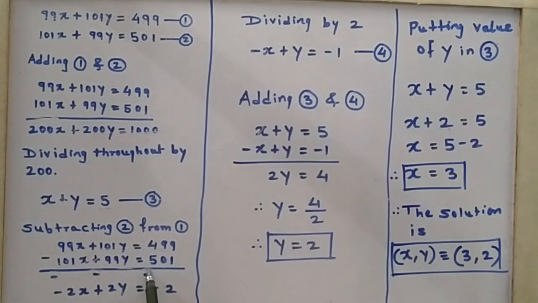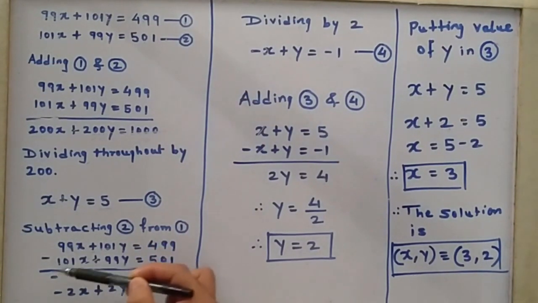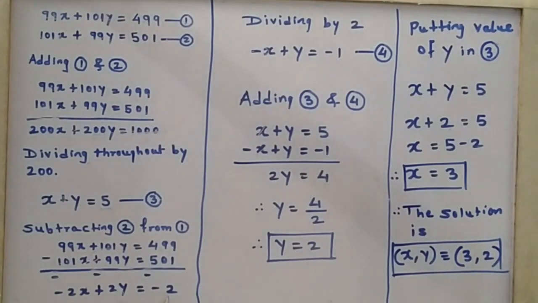So by doing subtraction we get 99x minus 101x, we'll get this as minus 2x. 101y minus 99y becomes plus 2y, and 499 minus 501 becomes minus 2. So the equation becomes minus 2x plus 2y is equal to minus 2.